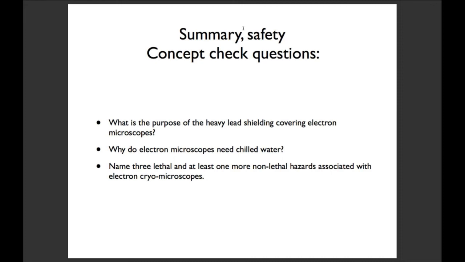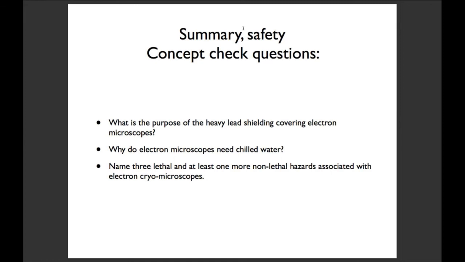Name 3 lethal and at least 1 non-lethal hazard associated with electron cryomicroscopes. So the obvious ones: liquid nitrogen, both gaseous and liquid, can burn you. It can also asphyxiate you. Those are two of the primary issues. Another cryogen that's worked with very regularly is ethane.